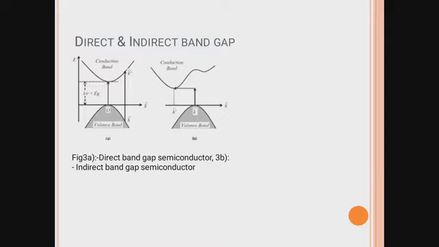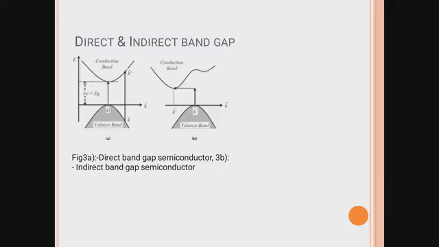That means the conduction band minima and the valence band maxima are not lying on the same line, whereas in case of direct band gap both are lying on the same line.